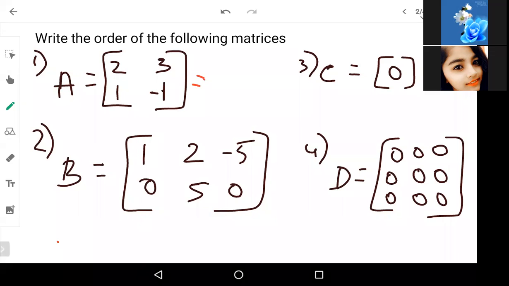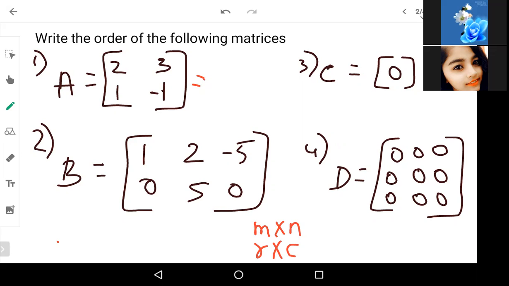If you see the first matrix here, there are 2 rows and 2 columns. Whenever you write the order of the matrix, it will be in the form of m into n, where m is the rows and n is the columns. So row into column is the order that you have to follow.